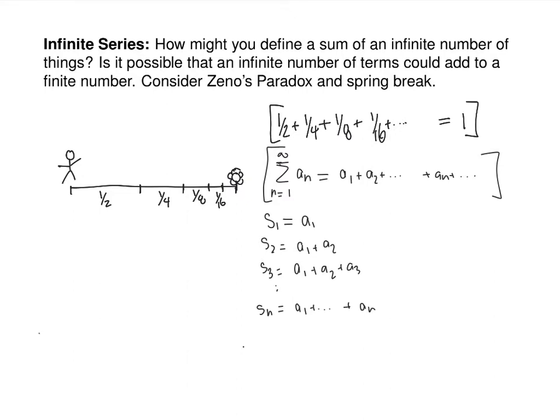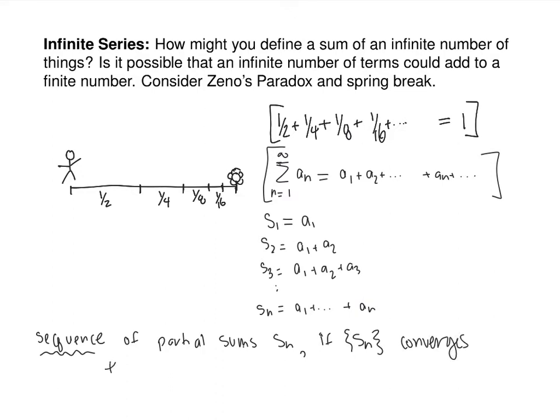And this makes a series into a sequence or a list of partial sums, S sub n's. And if that sequence of S sub n's converges, then the series converges to the same value.